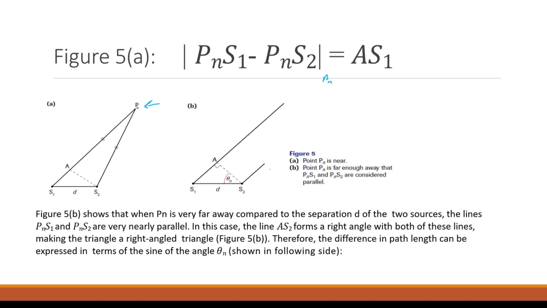It's considered parallel. How are we supposed to measure it if we can't see it, if it's out of a reference point?